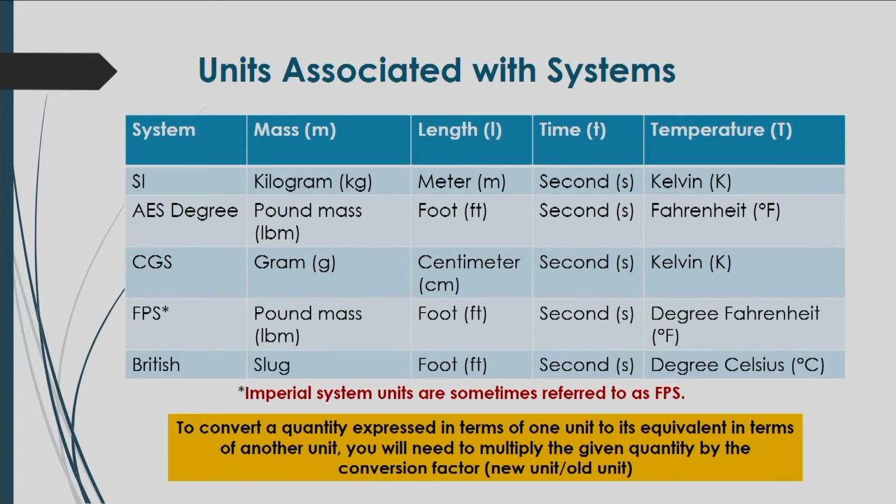In CGS and FPS systems, the respective units are given here in the table for mass, length, time and temperature. For British systems, earlier they used the slug, foot, second and degree Celsius for mass, length, time and temperature.